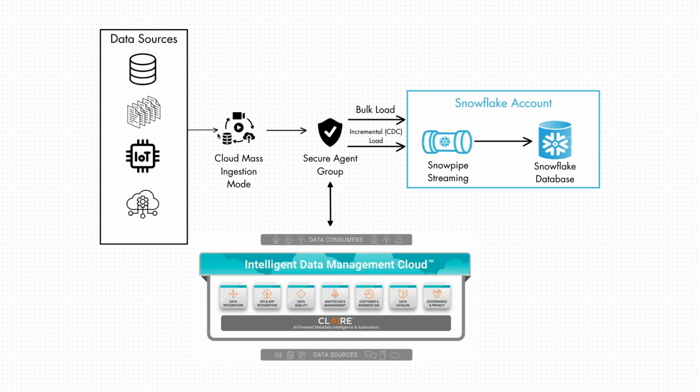The first piece here, we've got this Cloud Mass Ingestion module. So CMI, Informatica Cloud Mass Ingestion, is one of the cloud ingestion services as part of the IDMC, and it allows you to connect to these different and diverse range of data sources and bring them into your data platform of choice.